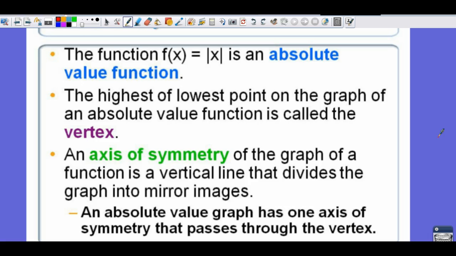All absolute value graphs can be folded in half. They have mirror images on the right and the left. All absolute value graphs can be folded in half down the AOS, or the axis of symmetry.